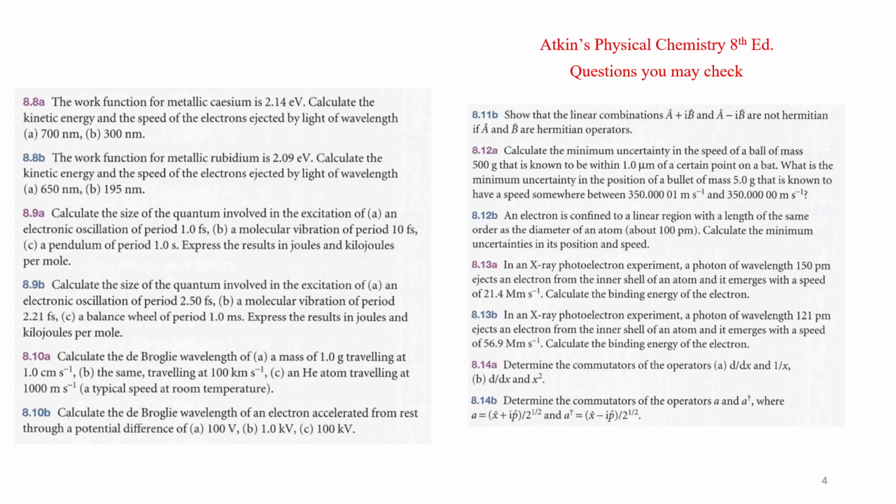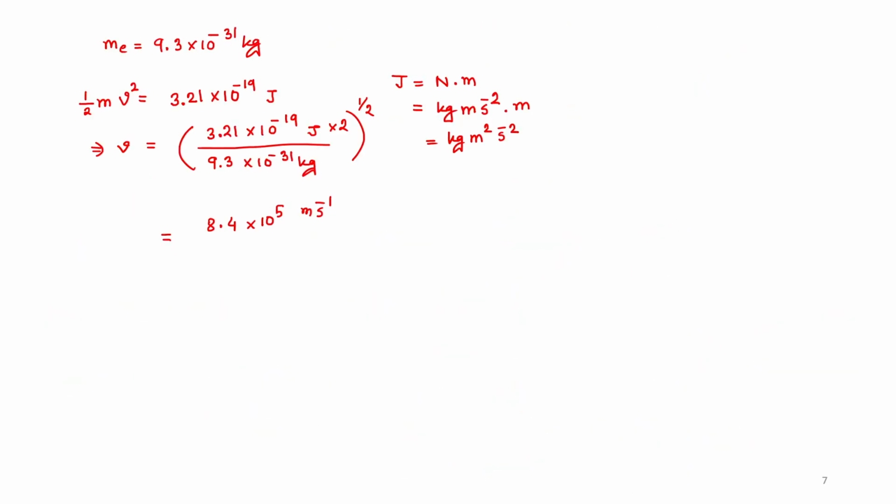Let me write it here. 8.9a. Energy is hc by lambda, or we can write h into nu, where nu is frequency, and we can always write frequency as 1 by tau, where tau is the oscillation period or period of oscillation.